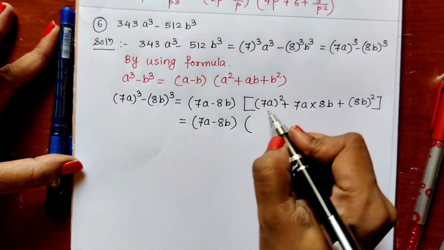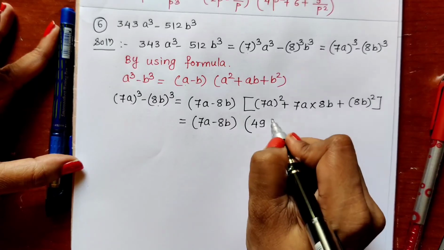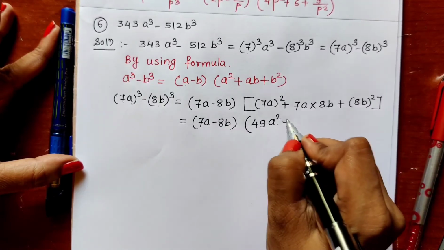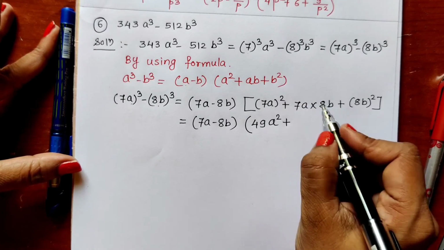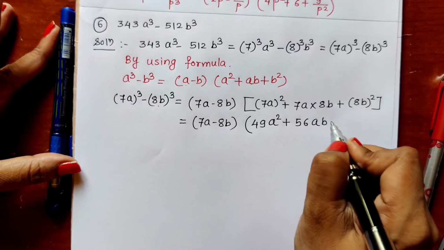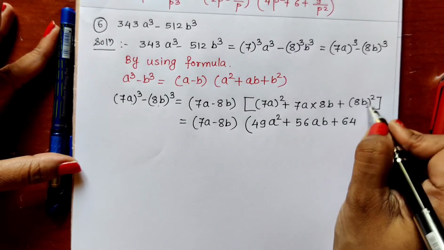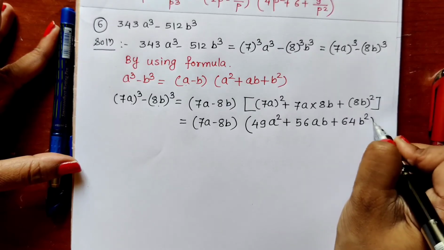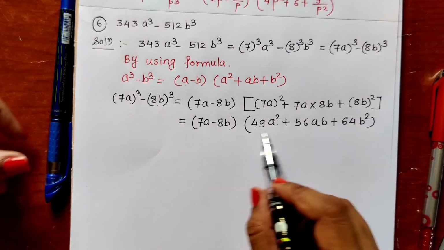Second bracket, solve. 7 square is 49. Square of a is a square. Plus, first multiply the coefficients. 7 8s are 56. a into b is ab. Plus, square of 8 is 64. Square of b is b square. From second bracket also nothing can be taken out common.